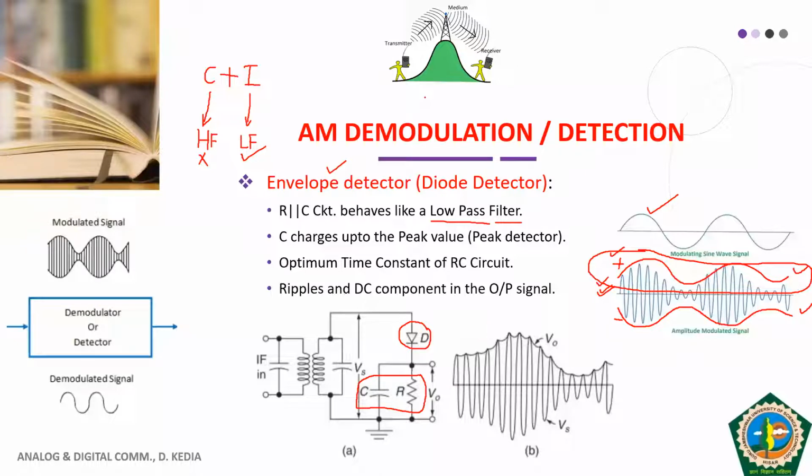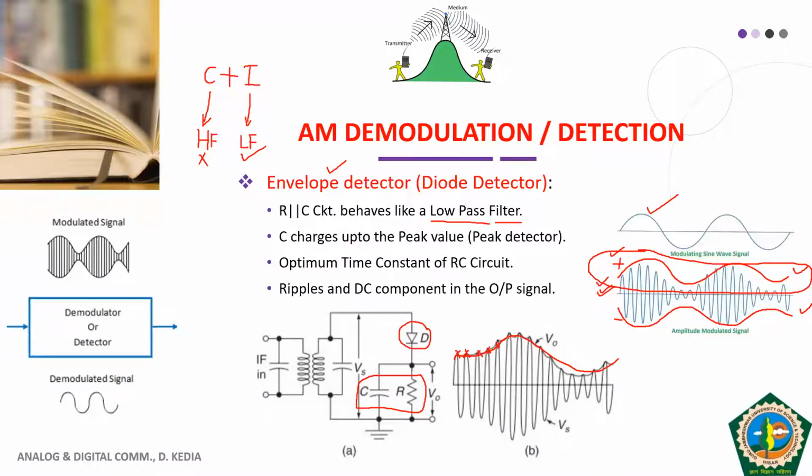Another important thing related to this circuit is the peak detector part. Okay. You must have studied the peak detector circuit. When I say that my information signal is present in the envelope, what is this envelope? This envelope is nothing but the peaks of the individual sine waves. Okay, so we have to detect these peaks.